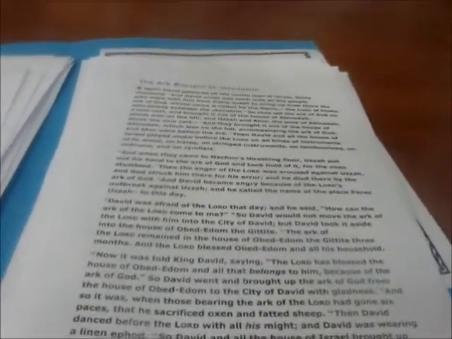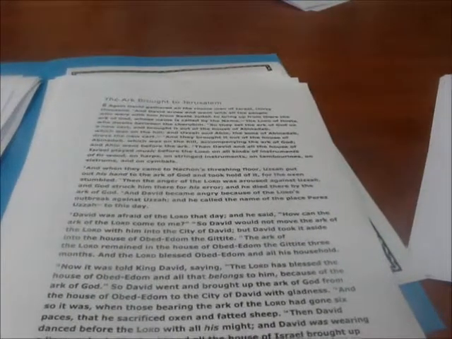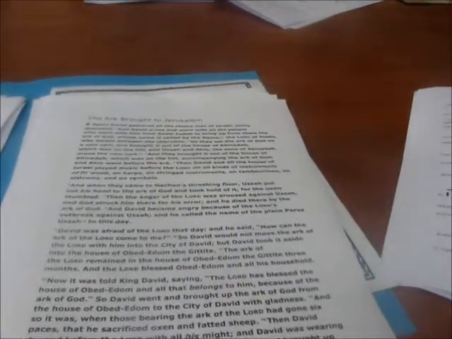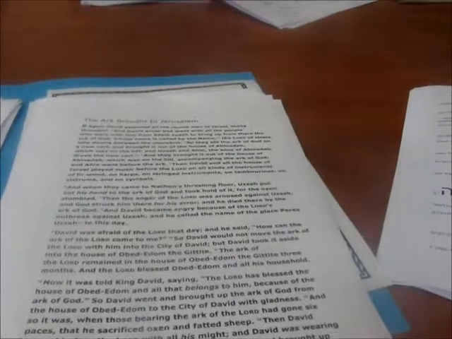And Uzzah and Ahio, the sons of Abinadab, drove the new cart. And they brought it out of the house of Abinadab, accompanying the ark of God, and Ahio went before the ark. Then David and all the house of Israel played music before the Lord, on all kinds of instruments of fir wood, on harps, on stringed instruments, on tambourines, sistrums, and cymbals.